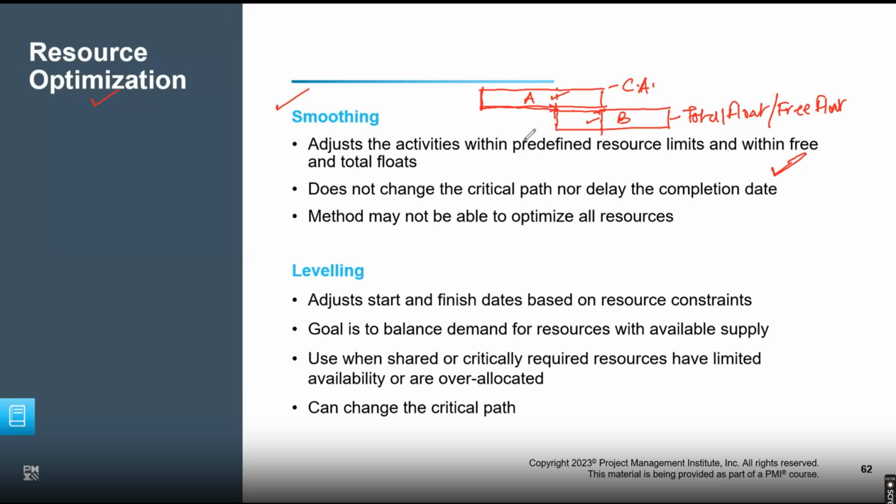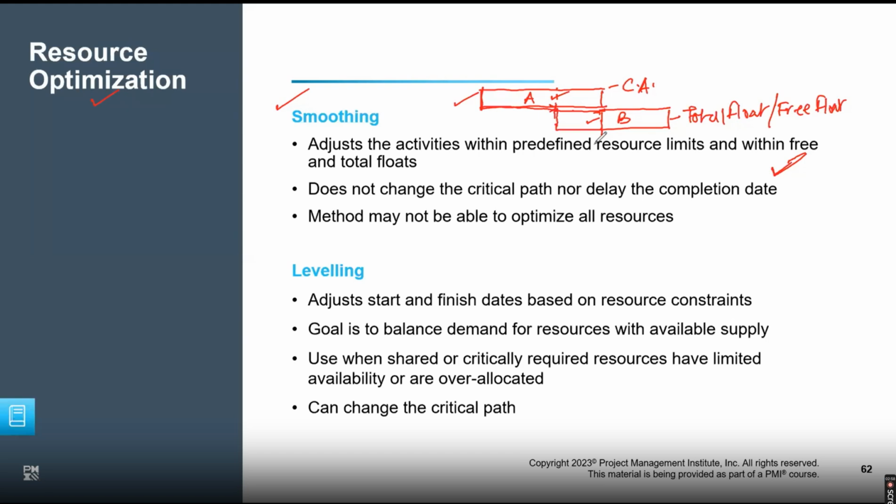If one of those tasks has free or total float, I know for sure logically I can't delay the critical activity, because if the critical activity gets delayed, my project will get delayed. So I will utilize that free float and extend this task, because I can extend it by that many days since I have that extra time.